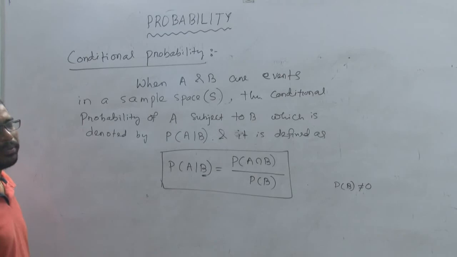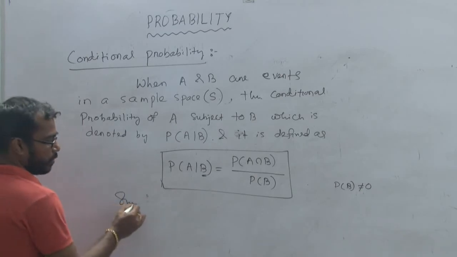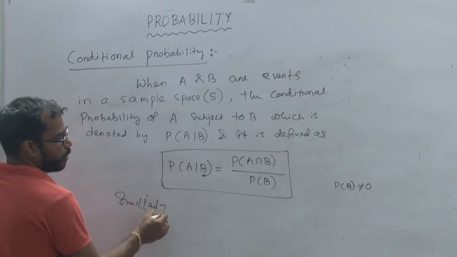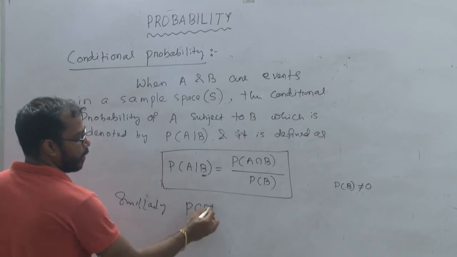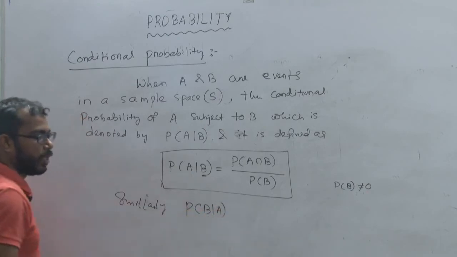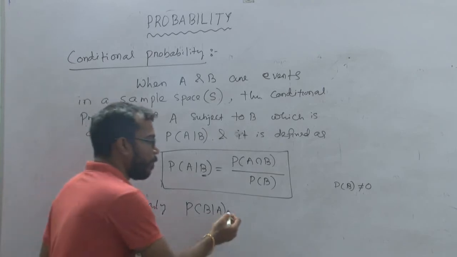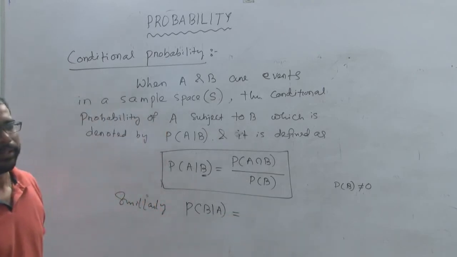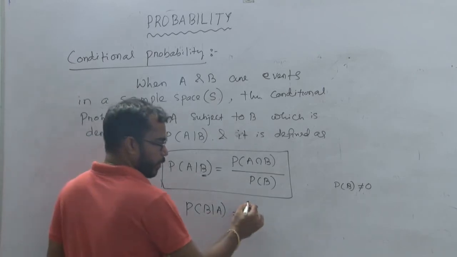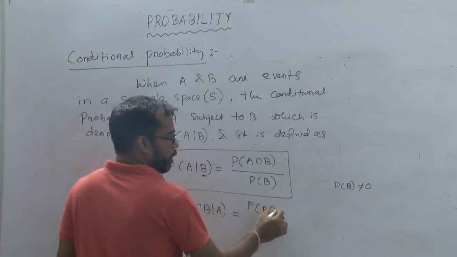Similarly, you can write the probability of B by A. What is the formula of probability of B by A?